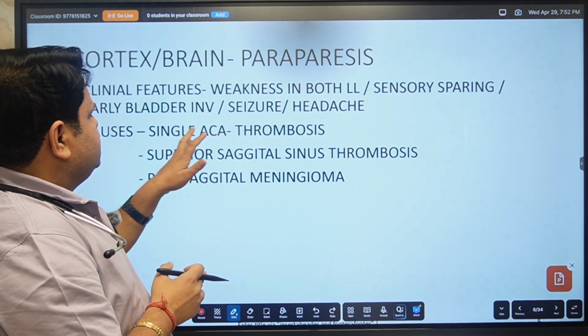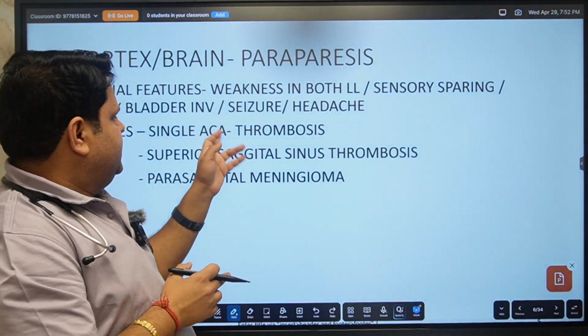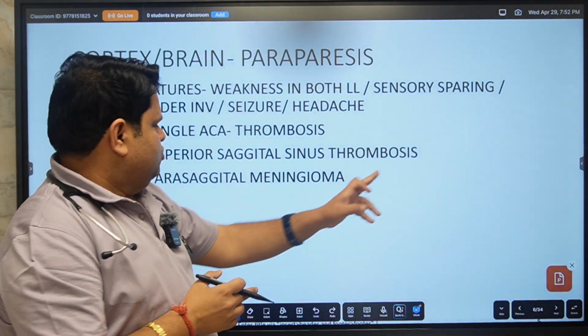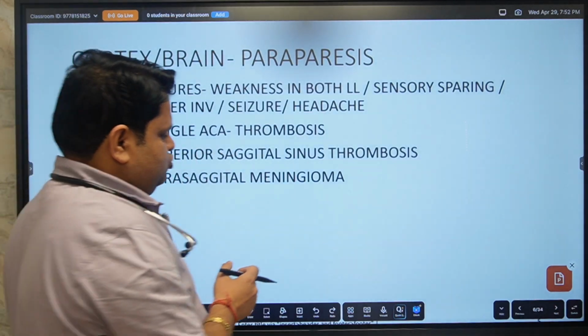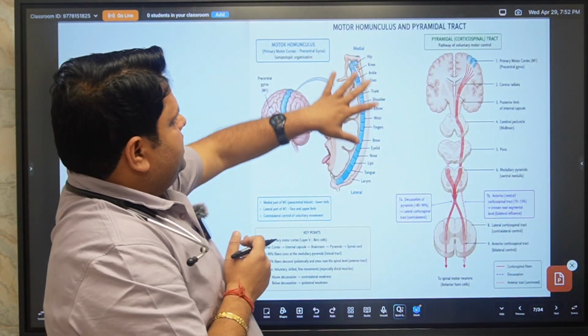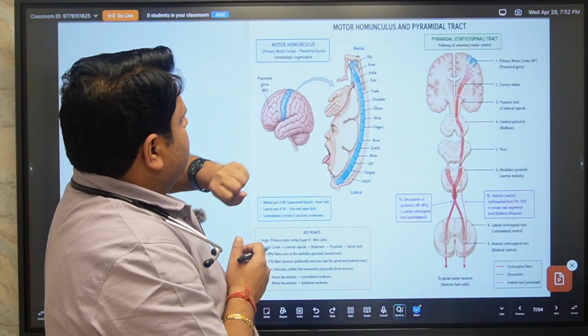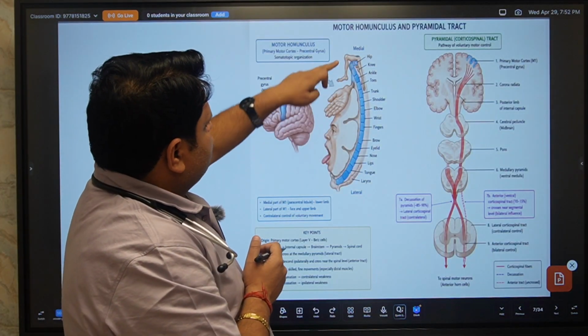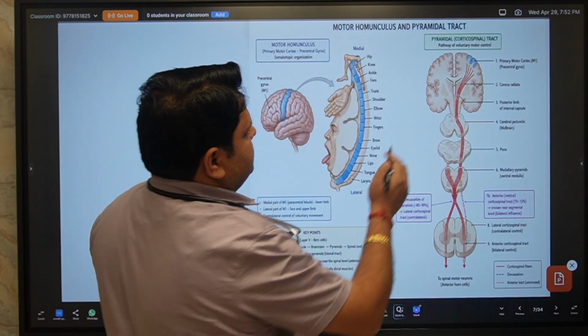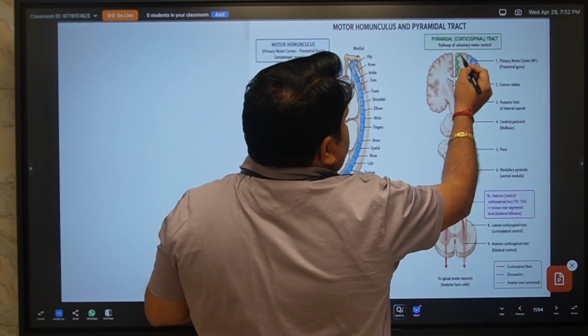Causes are a single ACA, anterior cerebral artery thrombosis, or superior sagittal sinus thrombosis, and parasagittal meningioma. So this is the homunculus of the pyramidal tract. We see the leg is in the area of the parasagittal region. This is the area of the leg.